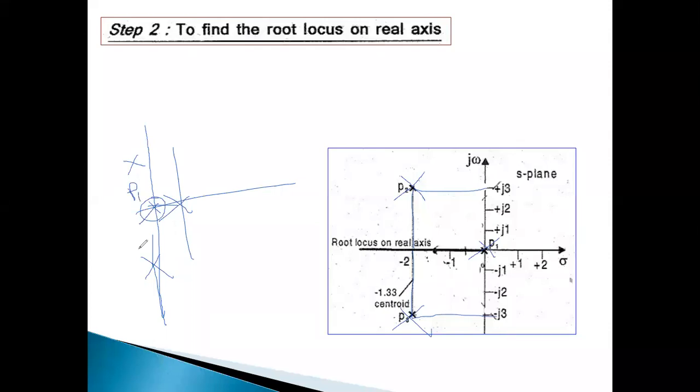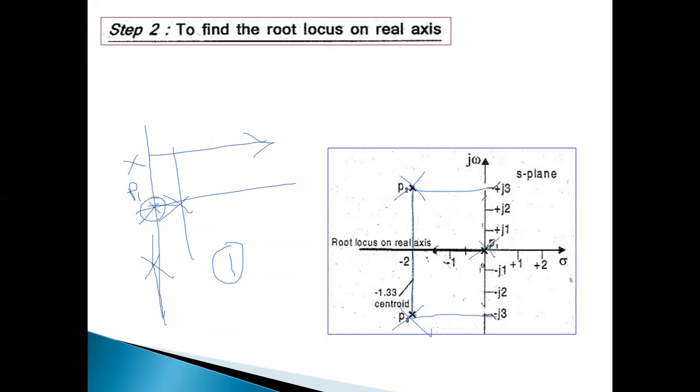Calculate the total number of poles and zeros on the right half of this test point. In this case, only one pole is there. If this is an odd number, then we can say that the test point is on the root locus.